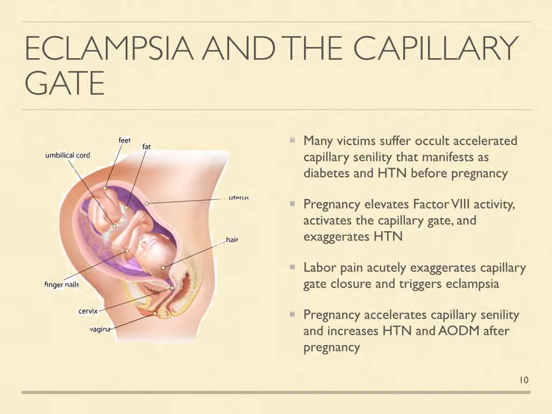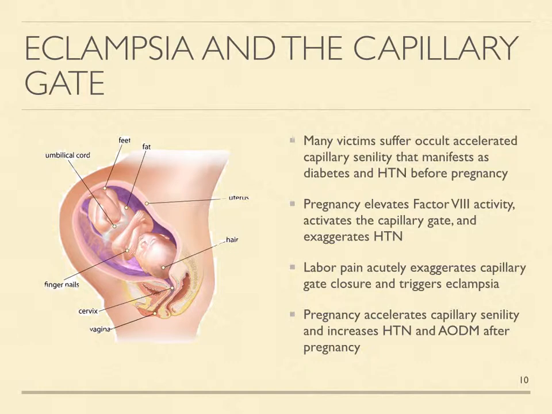The occult accelerated capillary senility causes glucose intolerance and hypertension early in pregnancy, as the metabolic demands of pregnancy exaggerate perfusion requirements, while the stress of pregnancy closes the capillary gate, exaggerates flow resistance, and inhibits cardiac output, tissue perfusion, and glucose uptake.